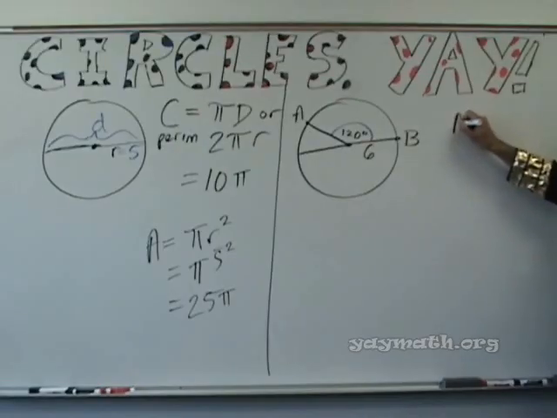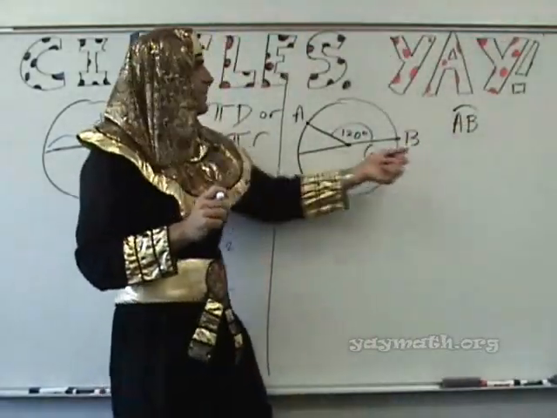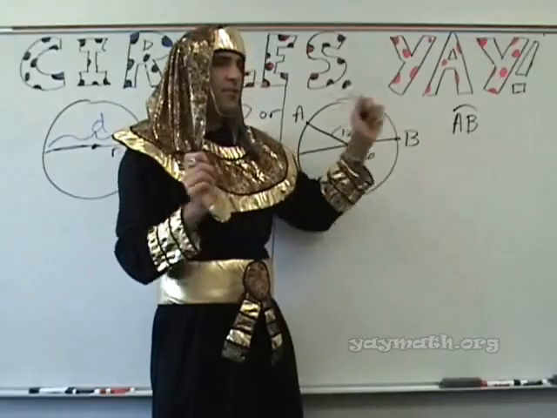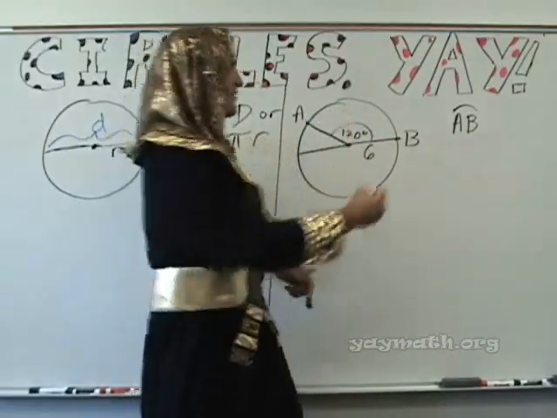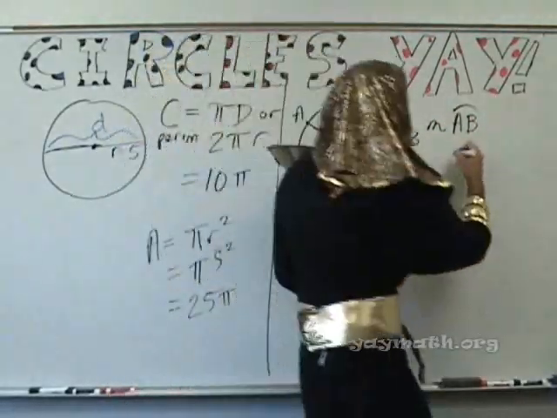So we're going to call this arc AB. And now some students tend to confuse this. There are 2 things that we're going to learn about this. There's the measure of the arc, and then there's the length of the arc.